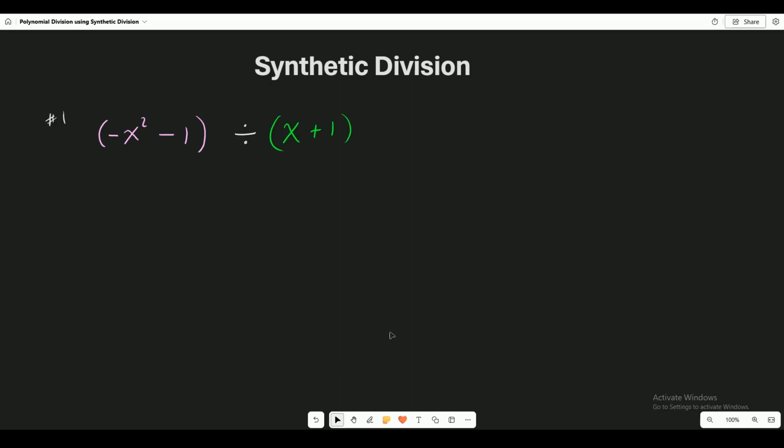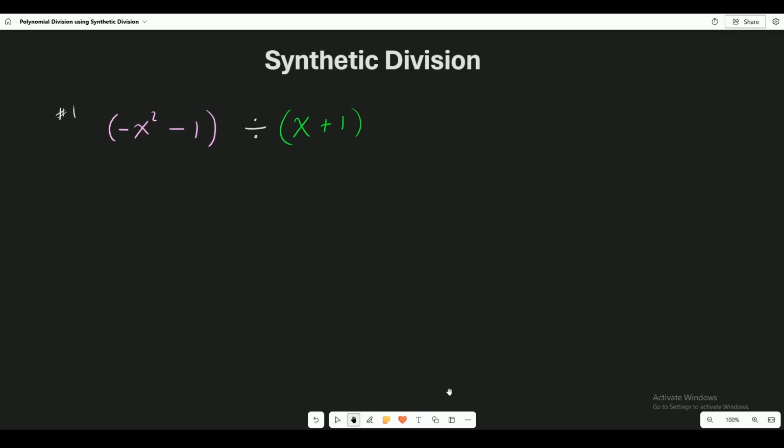Alright. So in order to do synthetic division, and long division for that matter, which is something I forgot to bring up, we need to first make sure that the polynomial we're dividing into has all its missing terms. So this is a second degree polynomial, but it's missing its first degree term.